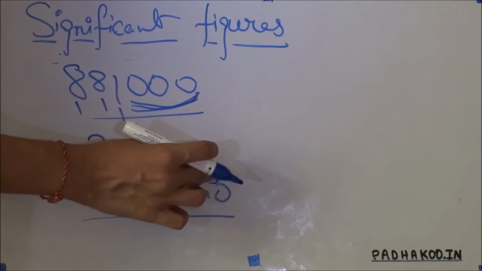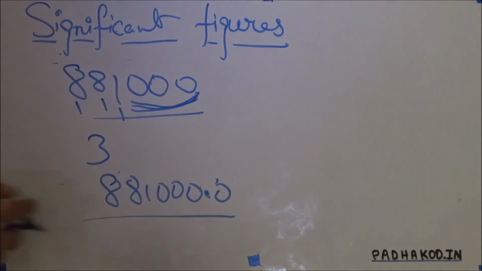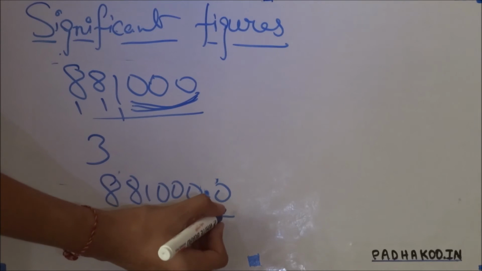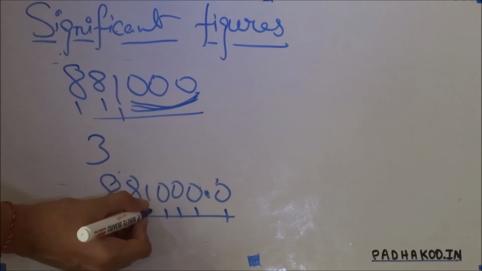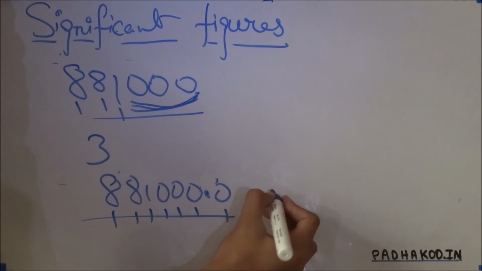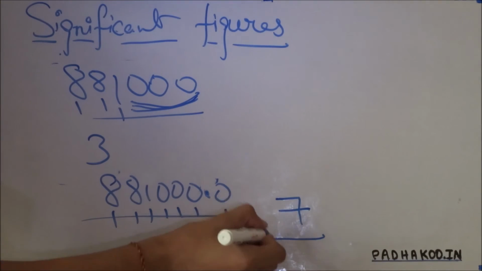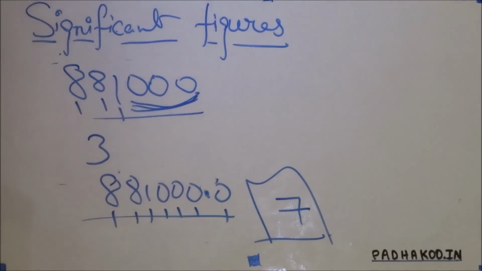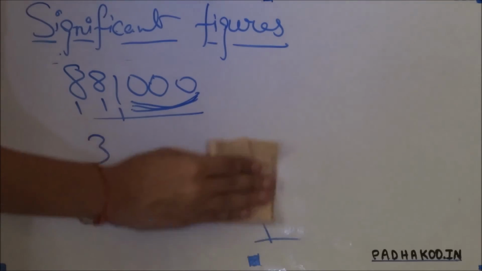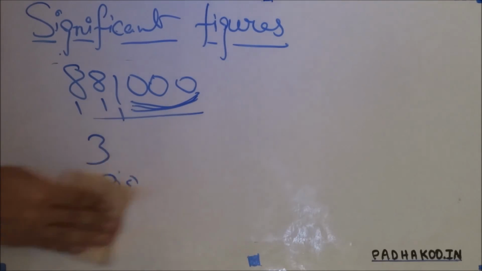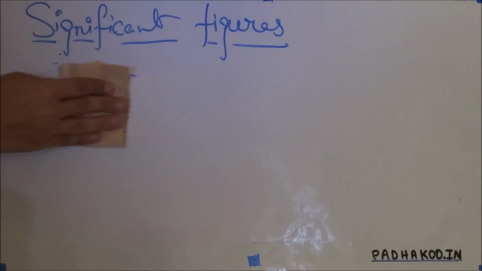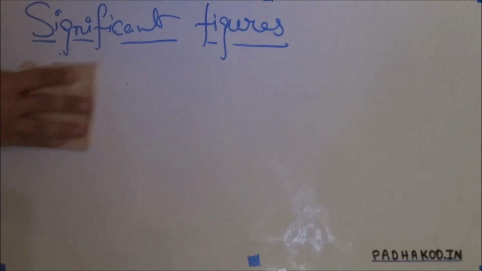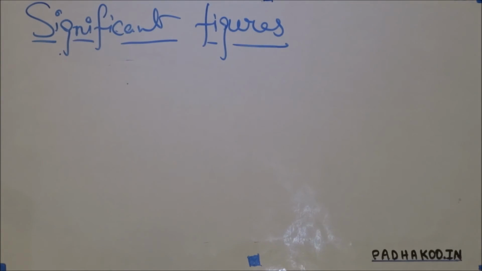So we will consider all the zeros here: 1, 2, 3, 4, 5, 6, 7. So the number of significant digits is 7. It is not that difficult to understand. It's simple things. Just pay some attention. Attention is obviously required to understand anything.